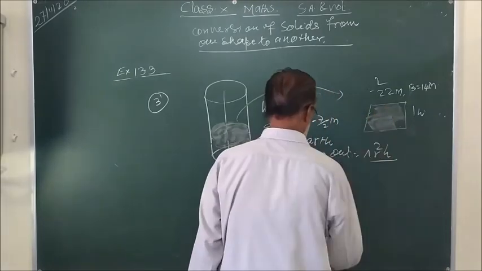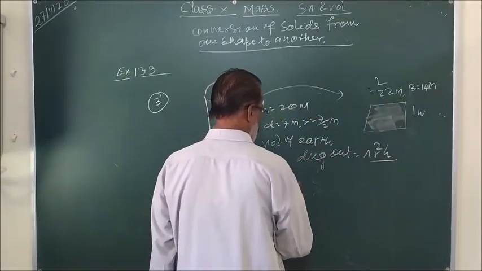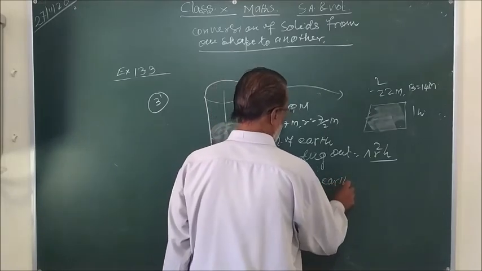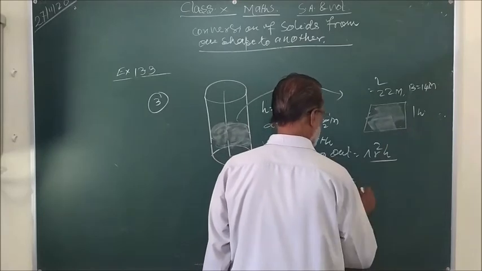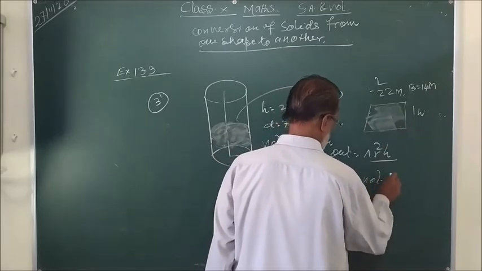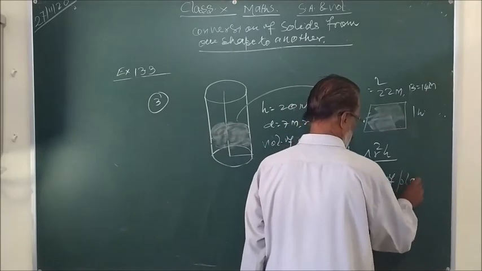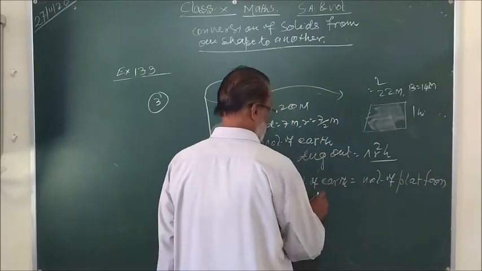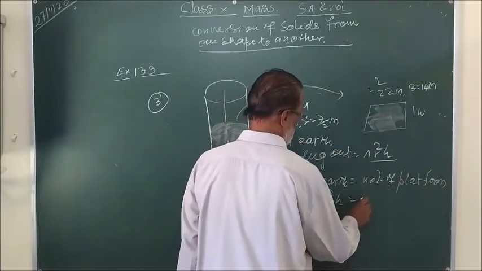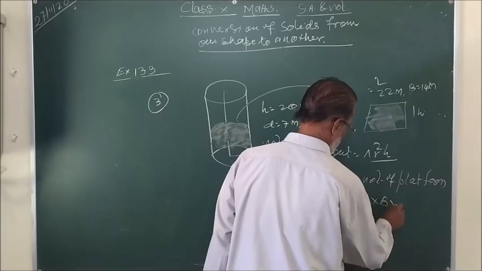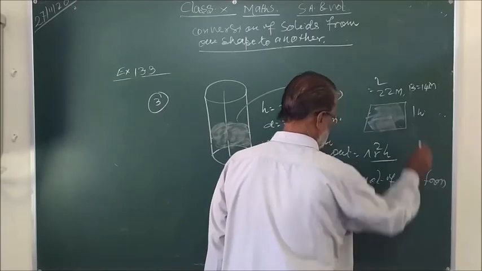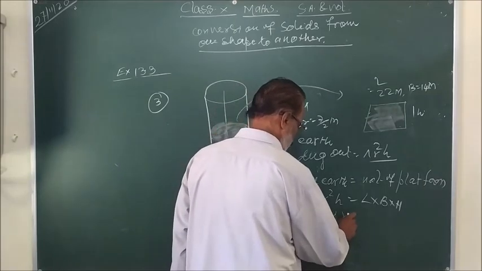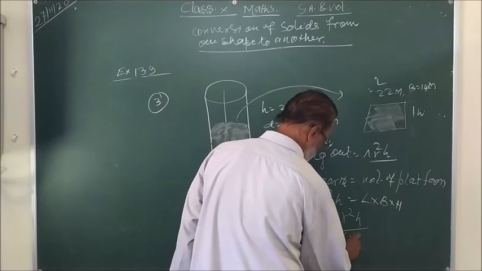The volume of this platform, the volume of earth, this soil is spread here. So volume of platform. This means pi r square h is equal to L into B into H. This h is the height of the platform. So we will find h as pi r square h upon l into b.